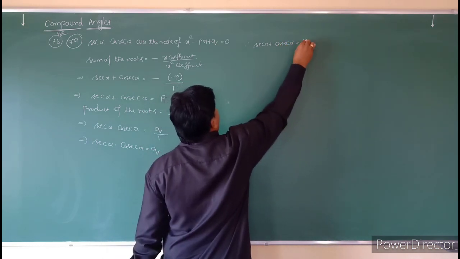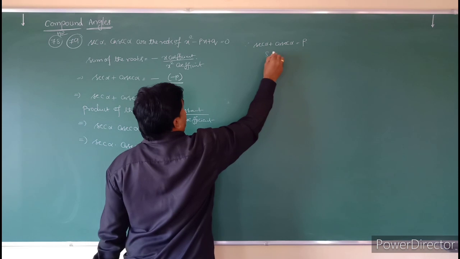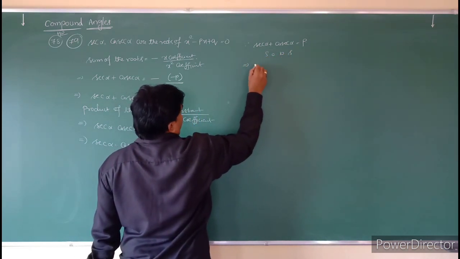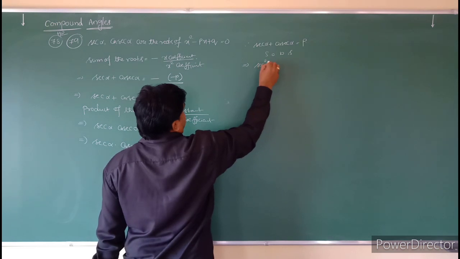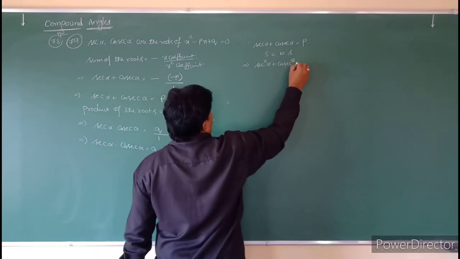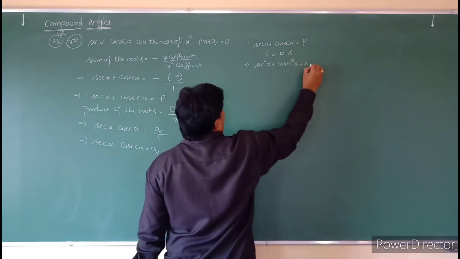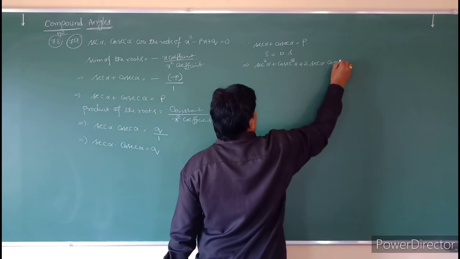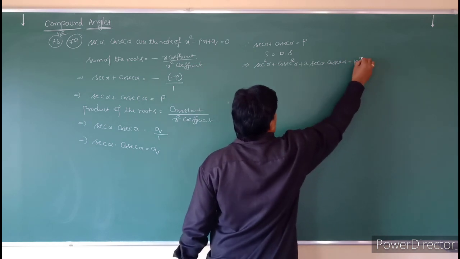From the first condition, since secant alpha plus cosecant alpha is equal to p, squaring on both sides and expanding, that implies secant square alpha plus cosecant square alpha plus 2 into secant alpha into cosecant alpha is equal to p square.